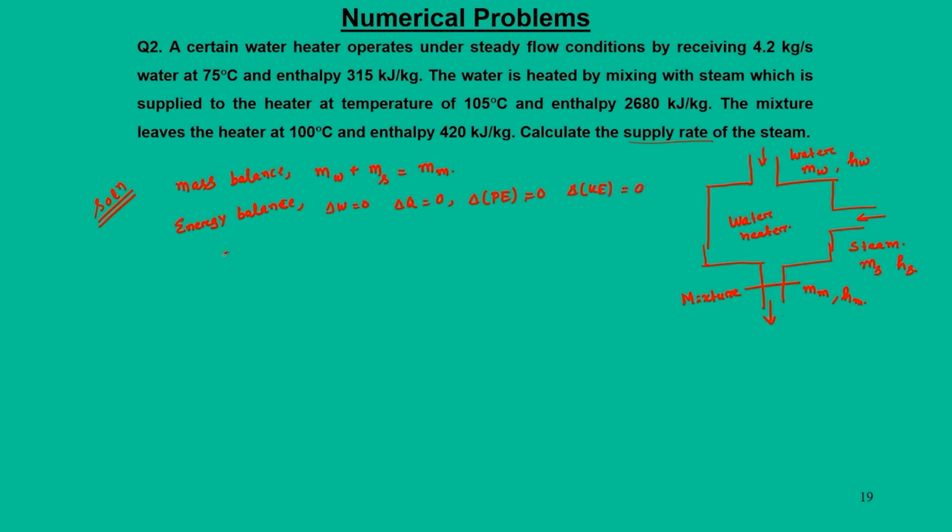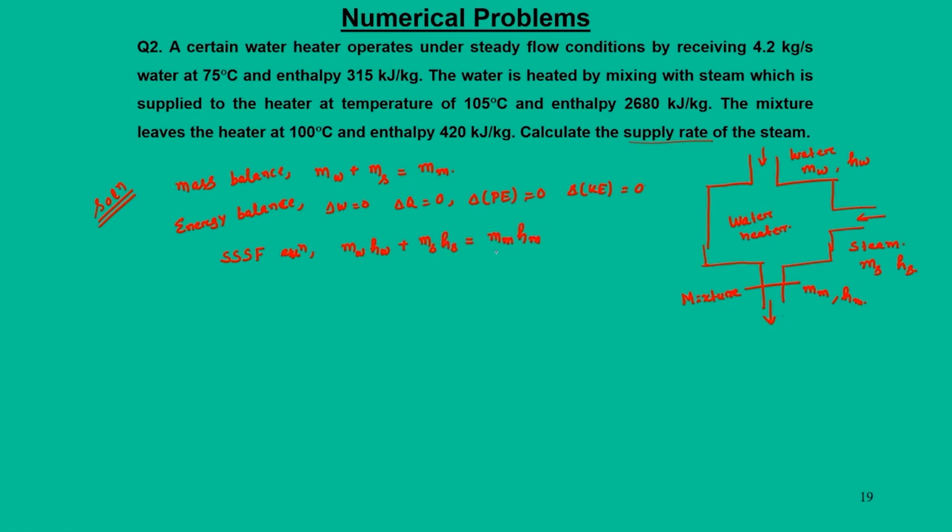So, we can write the steady flow equation as MW HW plus MS HS is equal to MM HM.